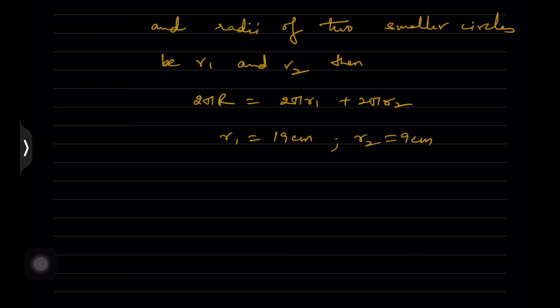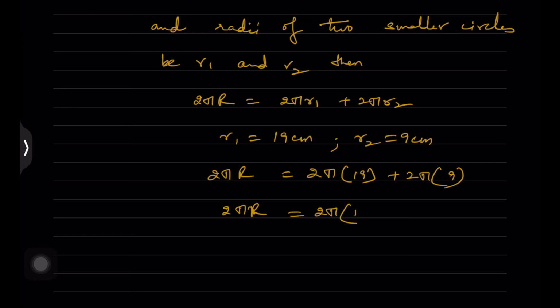Therefore 2 pi capital R is equal to 2 pi into 19 plus 2 pi into 9, so 2 pi capital R is equal to 2 pi into (19 plus 9). Now you can cancel the 2 pi on both sides. So R is equal to nothing but 28.